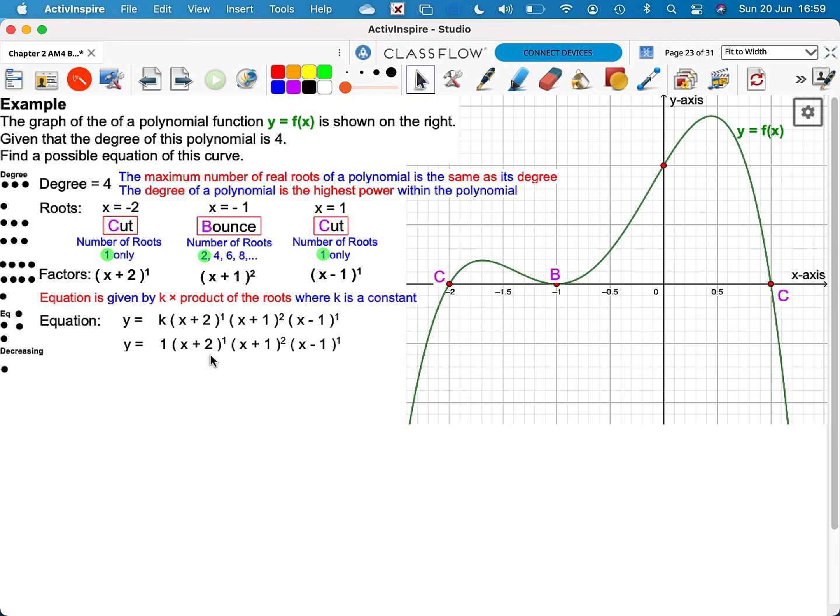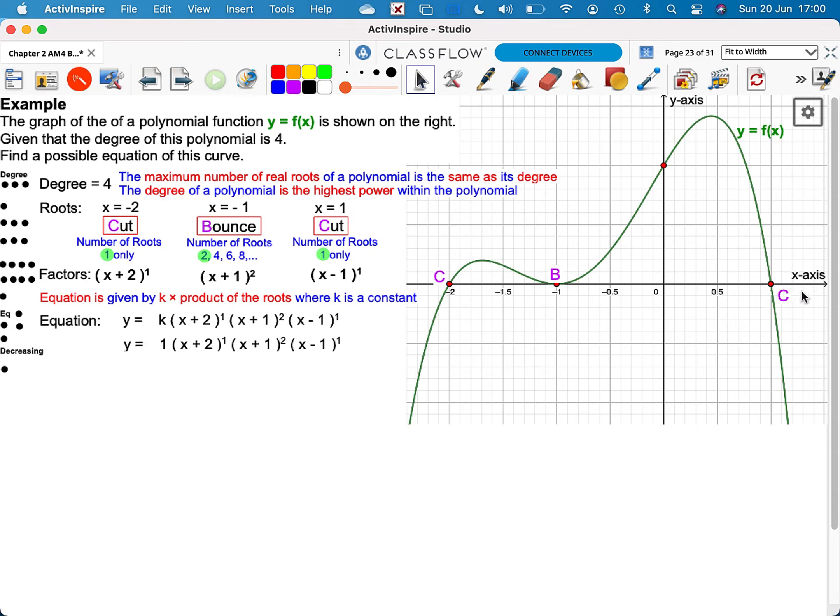Now all we need to do is decide what sign it's going to be. So we look at the graph and we can see that as it continues on forever, it is decreasing. At the end of the graph, it is a decreasing function. A decreasing function has a negative slope, and this has a negative slope at the end. So we now know that this sign here is going to be minus.